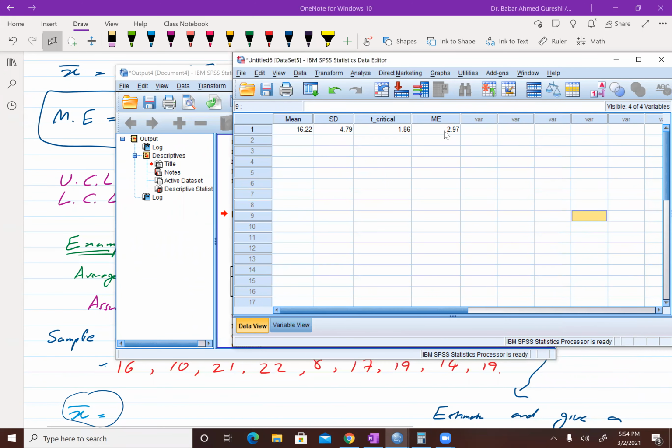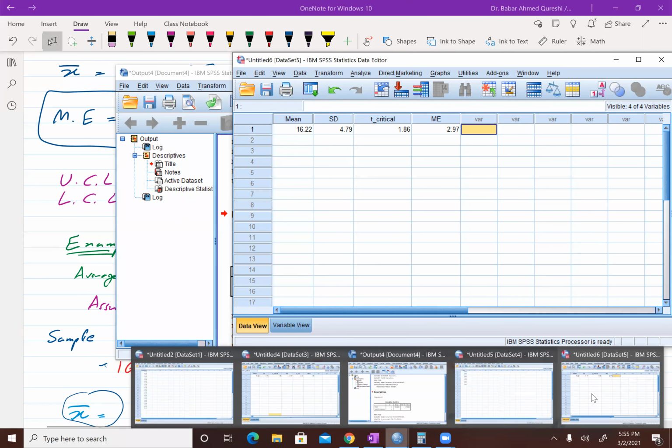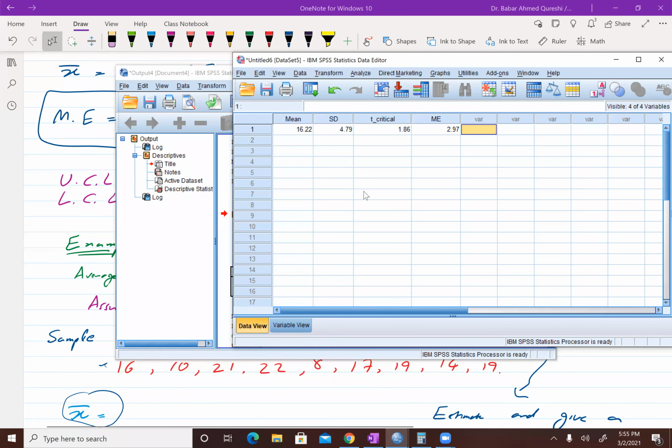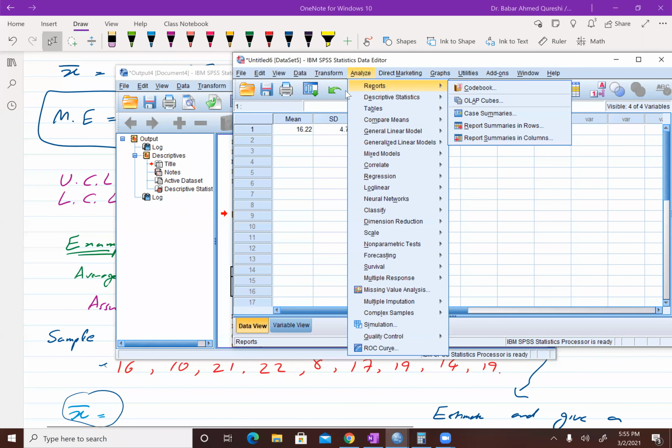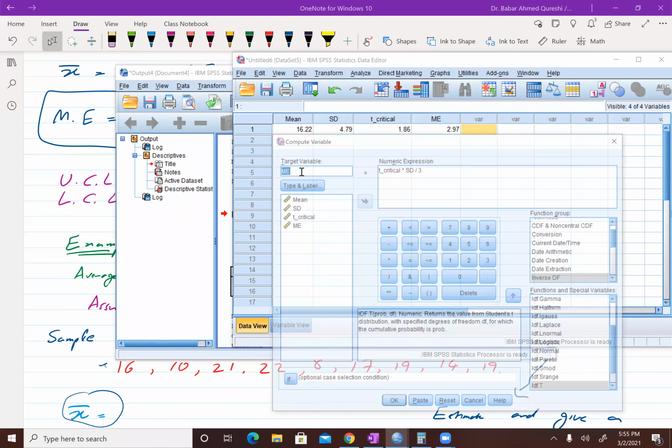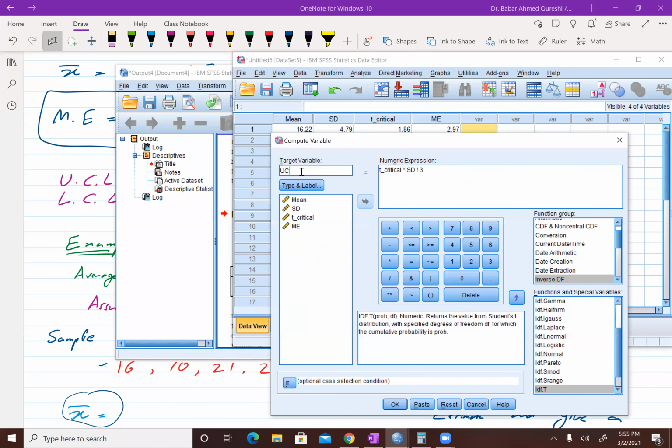So it comes over here. The margin of error is 2.97. And then I can compute the upper confidence level, UCL.